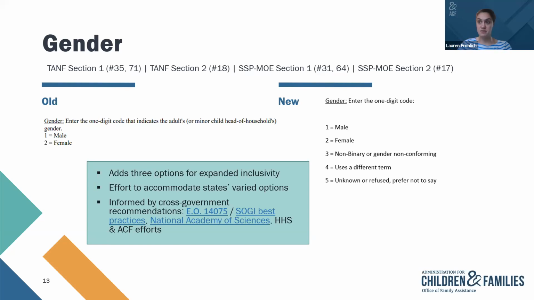So you'll see on the right, we have the new options: male, female, non-binary or gender non-conforming, which uses a different term, or unknown or refused, prefer not to say. And so we added these three options.